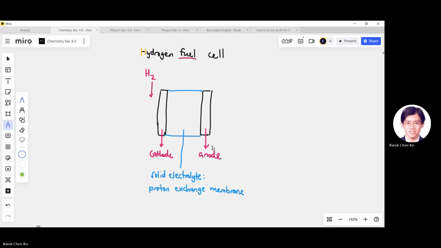Reduction. And the anode is oxidation. Hold on, did I mix up something? Give me a moment. Oxidation. Oh, sorry, it's the other way around. Hydrogen gas is at the anode.